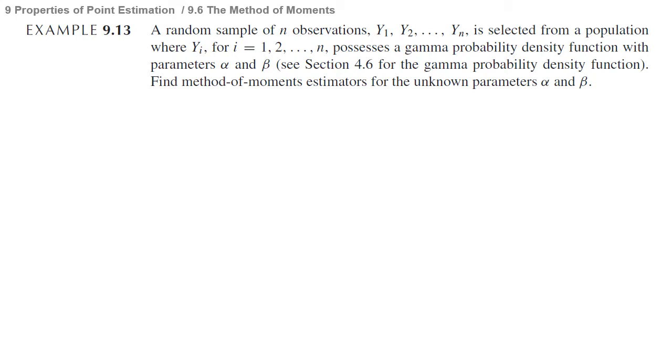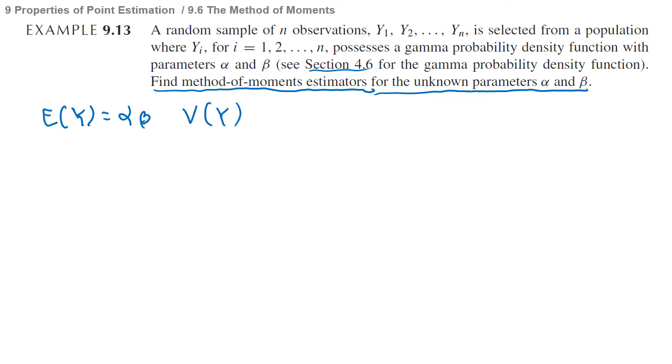Find the method of moment estimators for the unknown parameters alpha and beta. By checking the gamma distribution, you will know that the expected value of y is alpha beta and the variance of y is alpha beta squared.